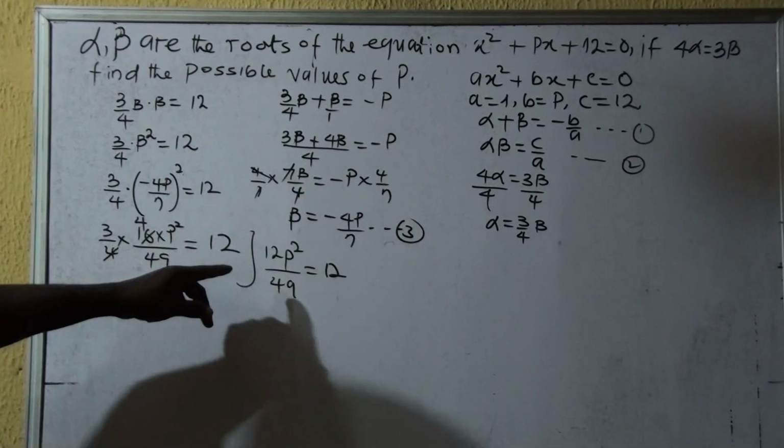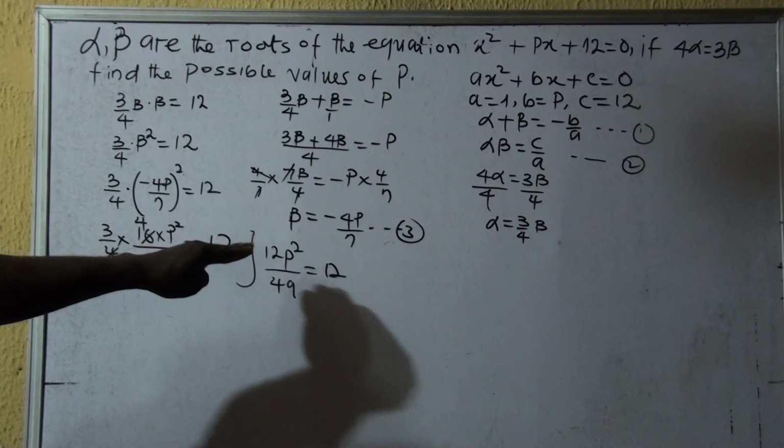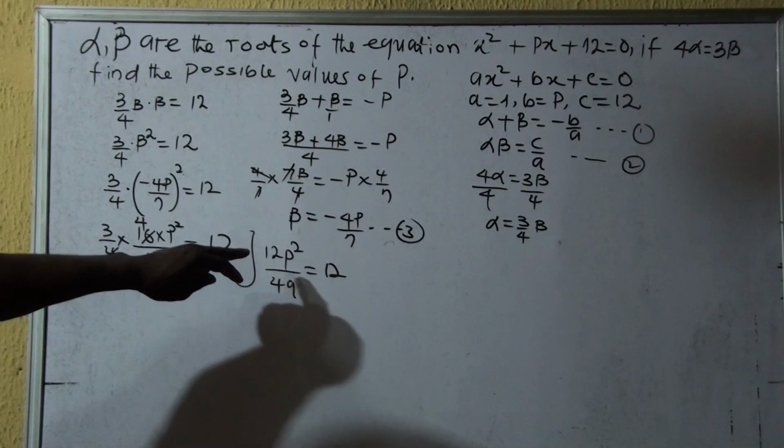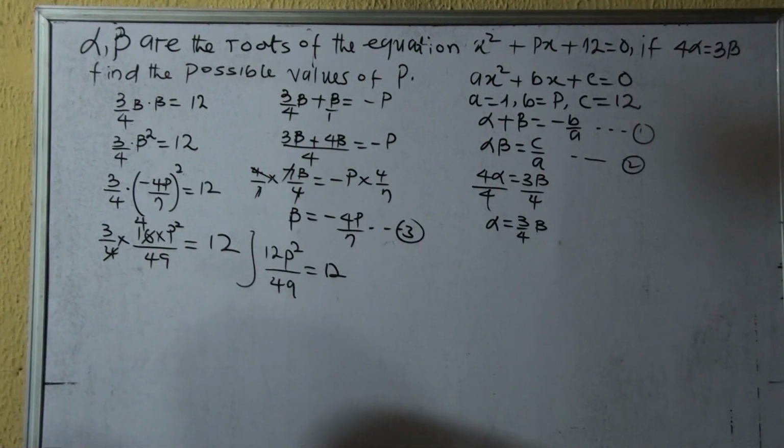We are looking for the possible values of p, and we have 12 over 49 here. So we multiply both sides by 49 over 12, which is the reciprocal of 12 over 49.